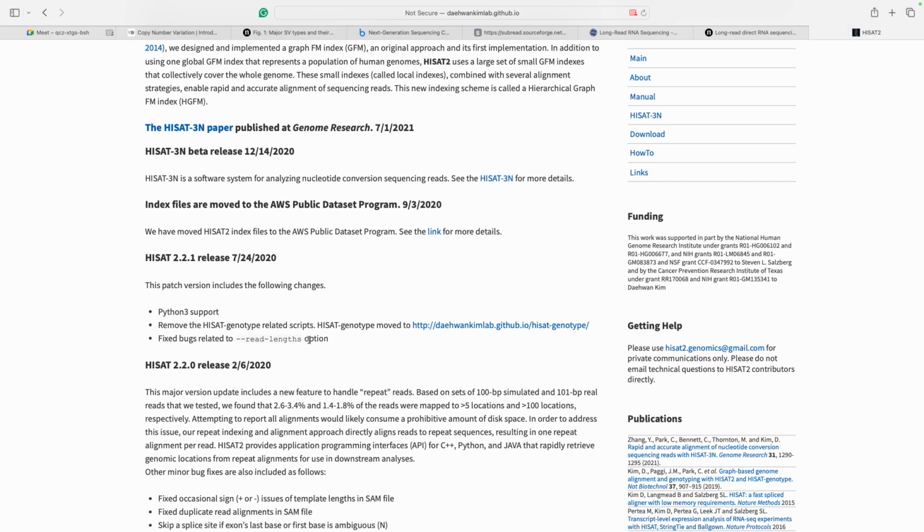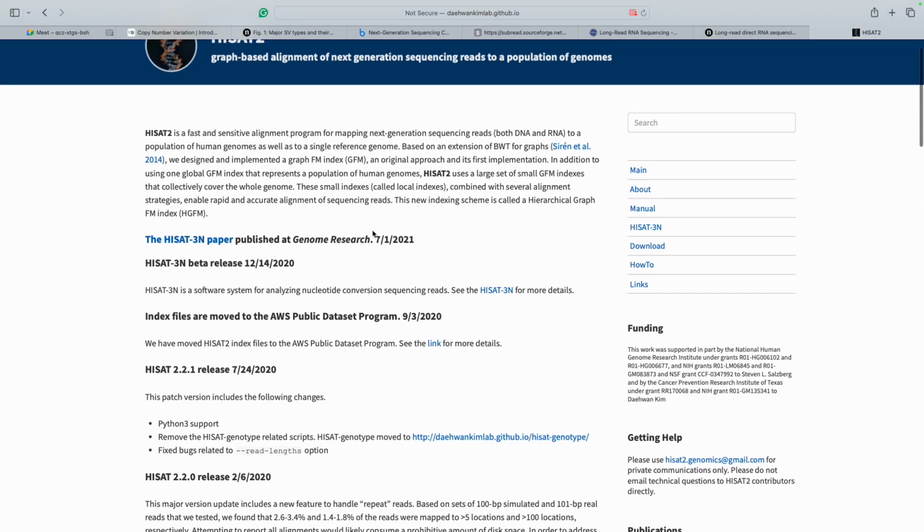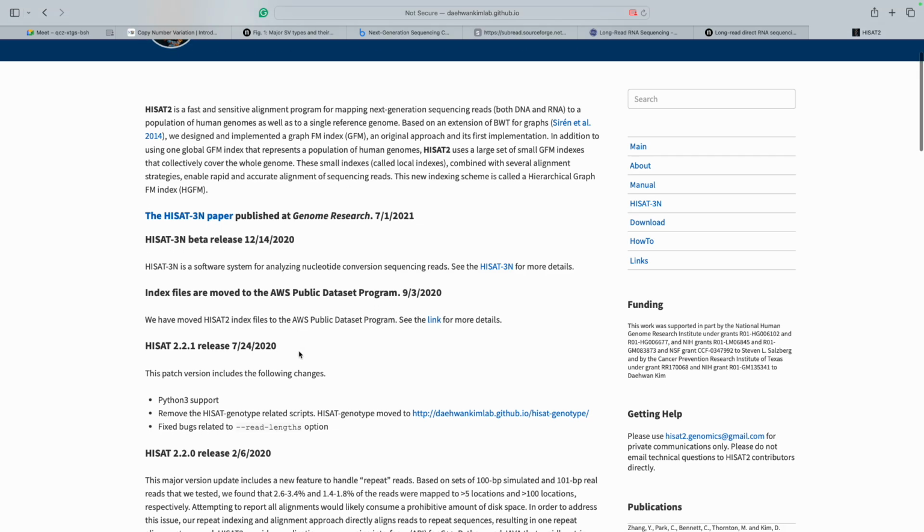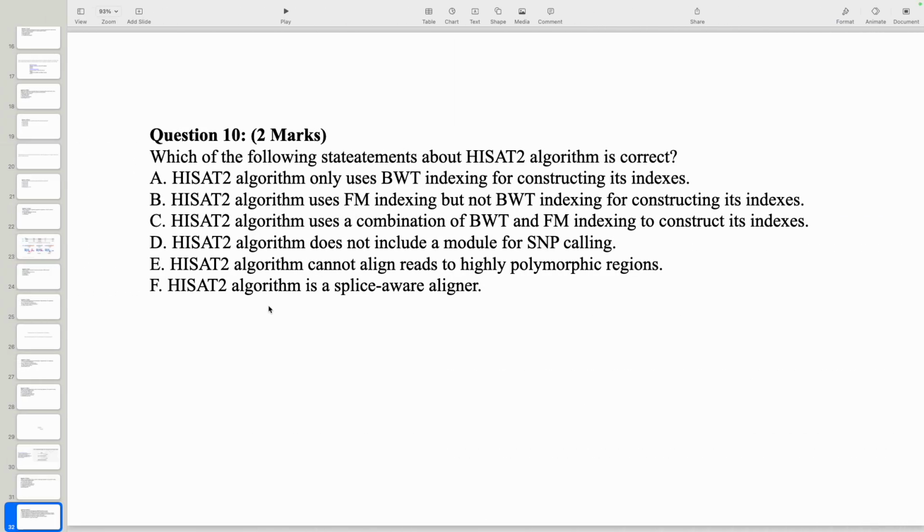It is the combination of both BWT and FM indexing, and this algorithm is also a splice aware aligner since we are aligning our RNA raw reads to our reference genome. So this alignment should be splice aware, where we should know about the different combinations of RNA and mRNA isoforms.